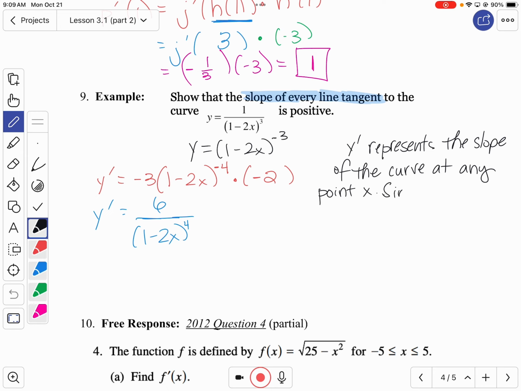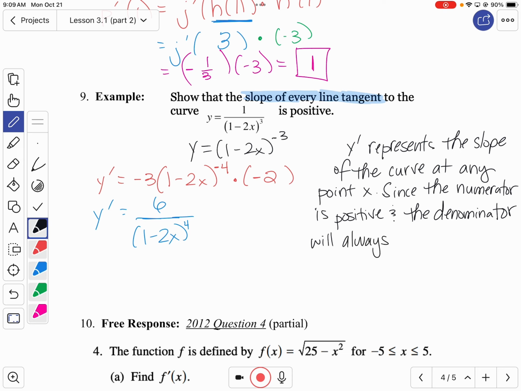Okay, since the numerator is positive, and the denominator will always yield a positive. The slope will always be positive.